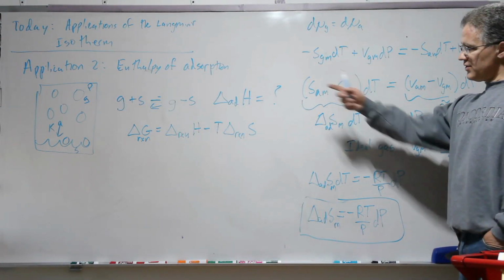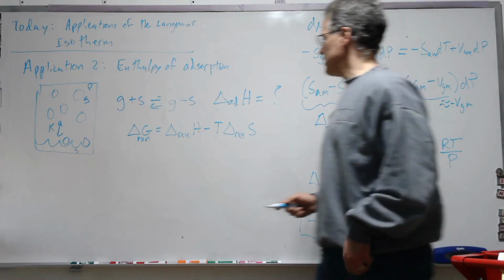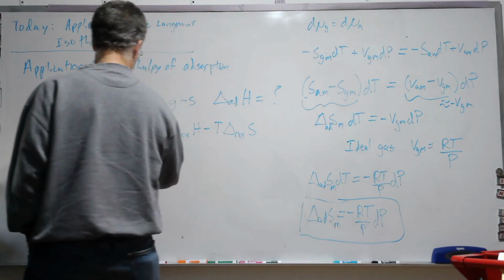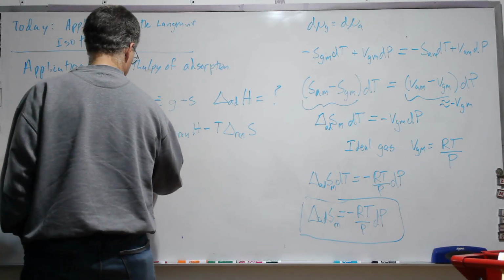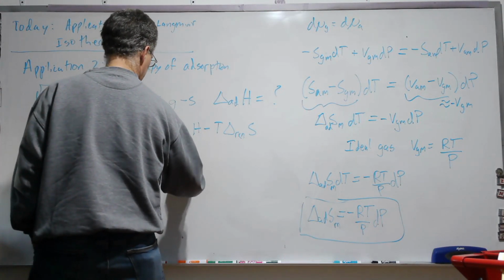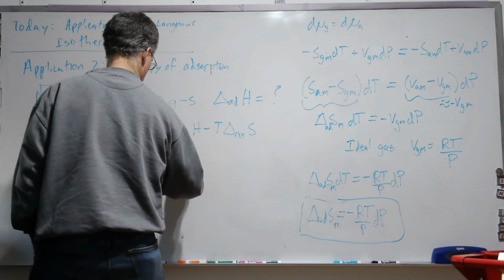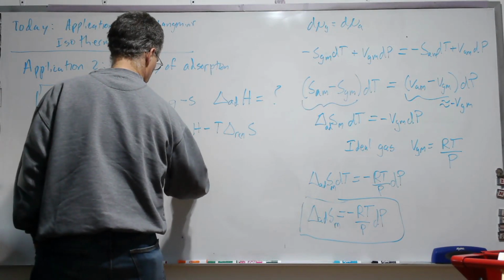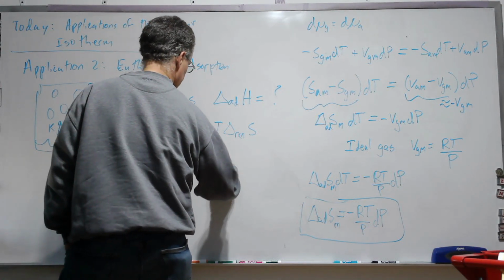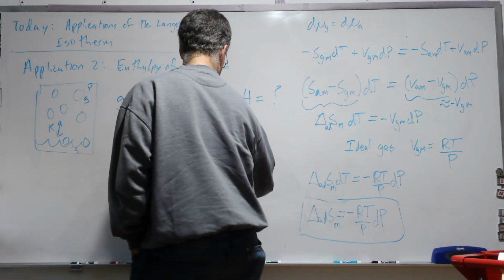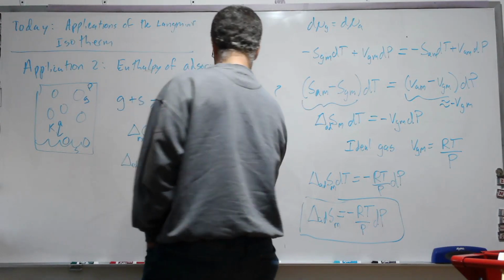So certainly true for this one. So we have delta G adsorption molar equals delta H adsorption molar minus T delta S adsorption.